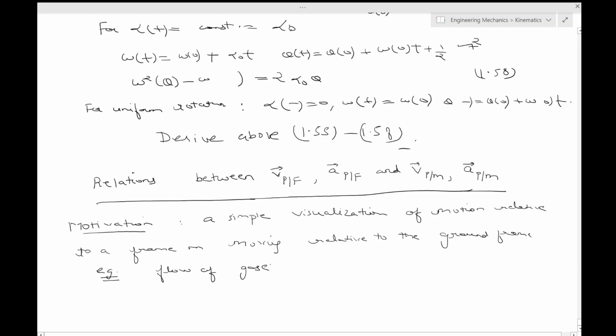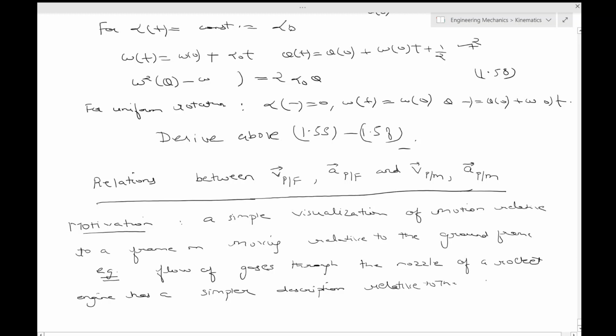So a flow of gases through the nozzle of a rocket engine has a simpler description relative to the frame M attached to the rocket than the ground.